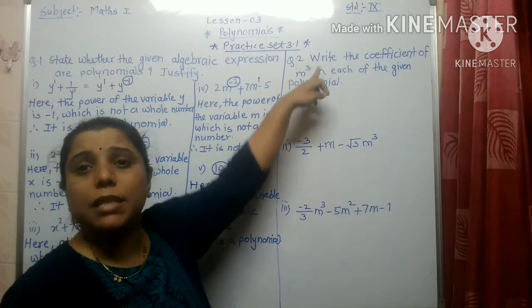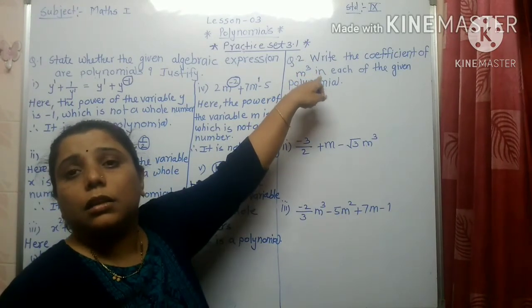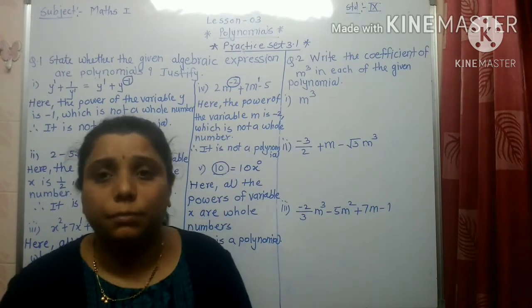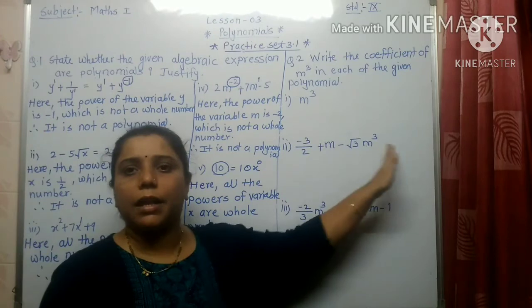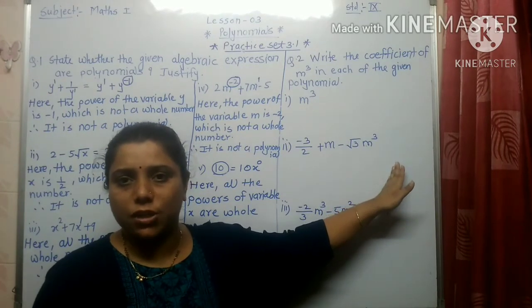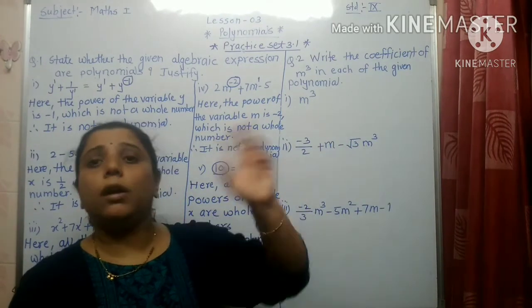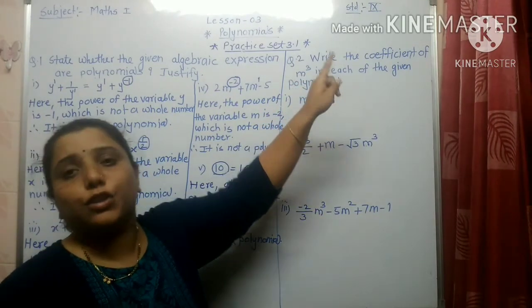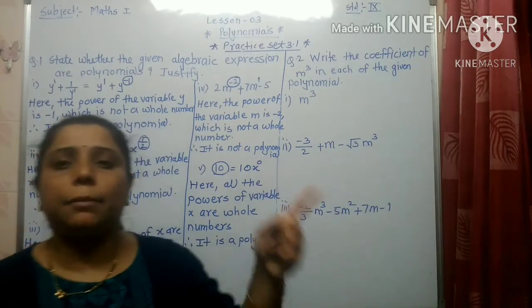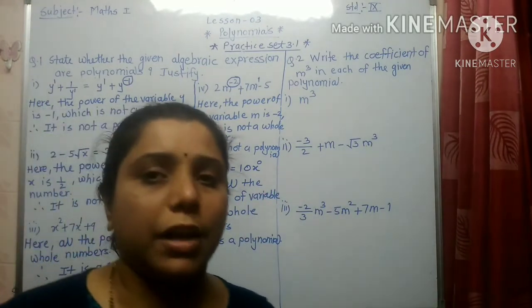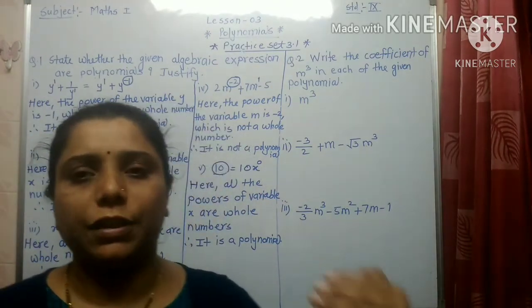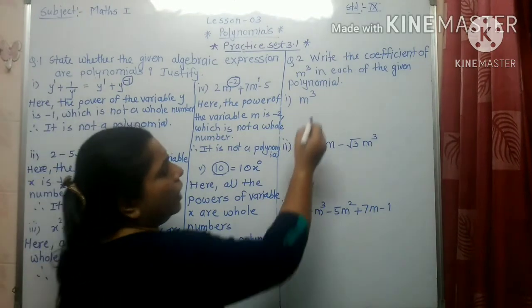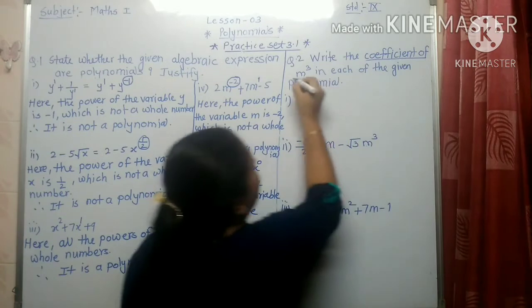Now the variable is m. But here the polynomial, they are defining some specific term. Many terms are there in an algebraic expression. But which term's coefficient did they ask? The term which is m cube. Okay. So the number which is attached to that particular variable is called the coefficient of that polynomial.